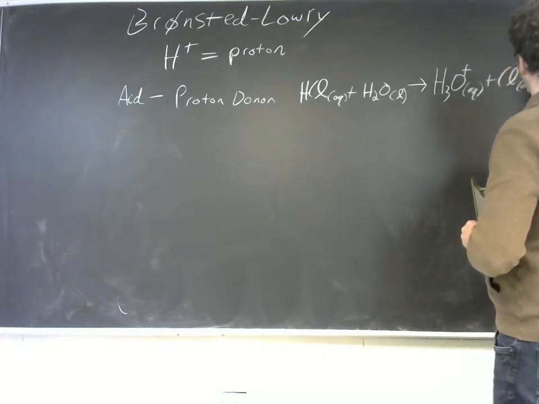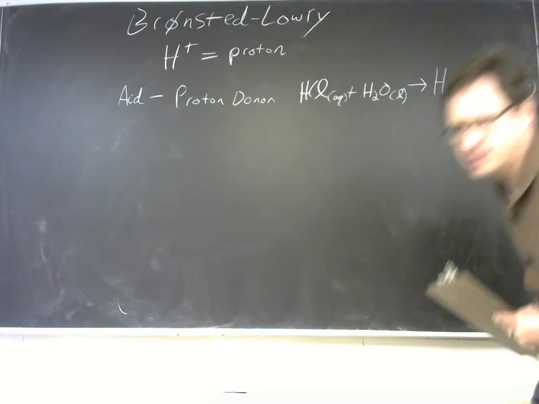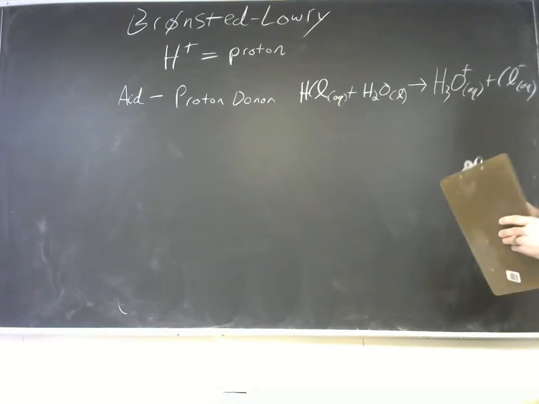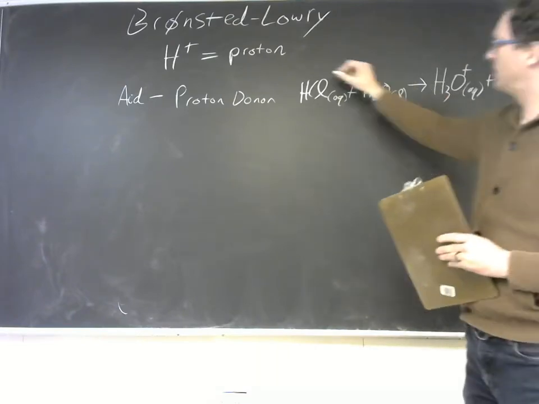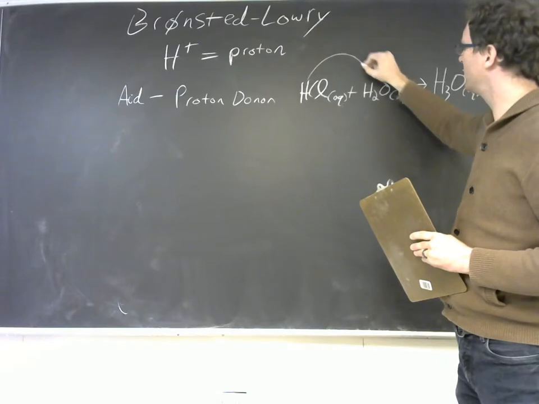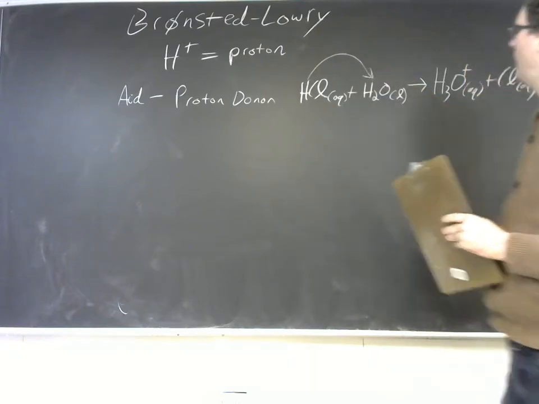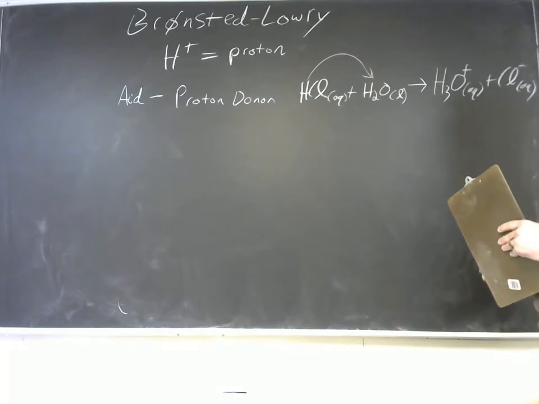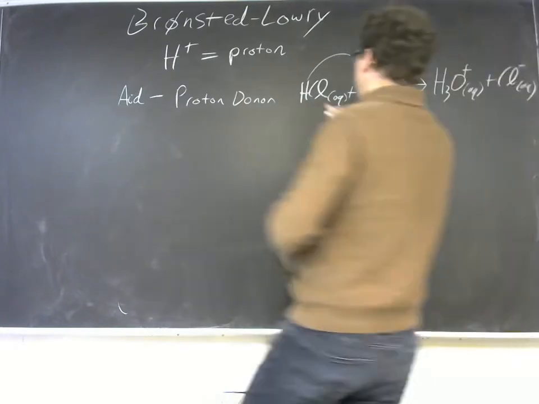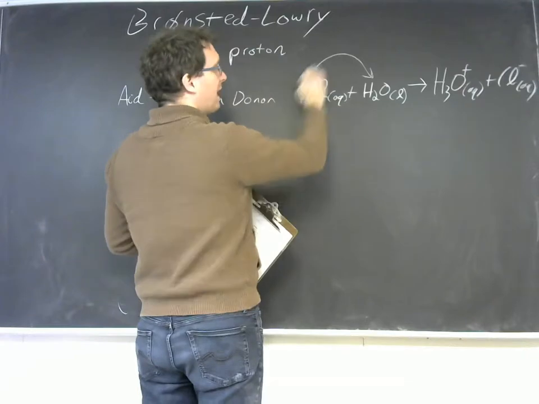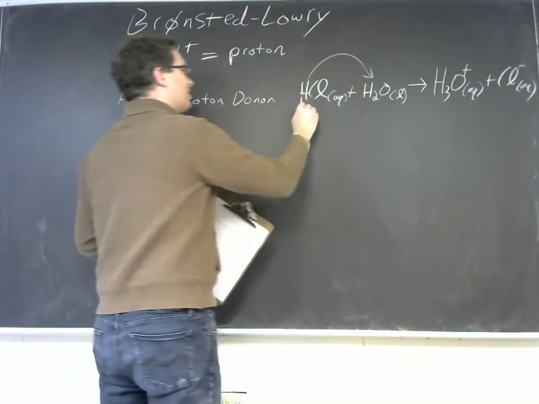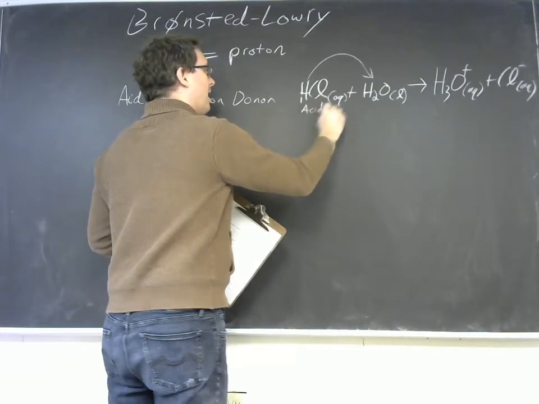If we inspect this reaction, we'll see that what happens is that an H+ goes from the hydrochloric acid and attaches itself to the water. And so what that means is that HCl is donating a proton to its reaction partner, and that makes HCl an acid.